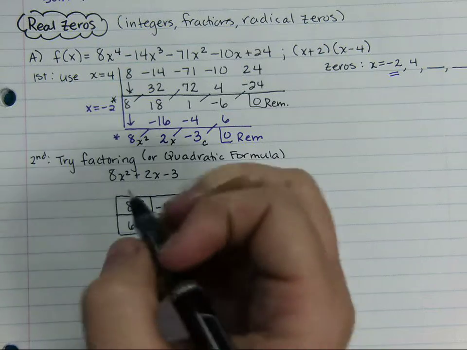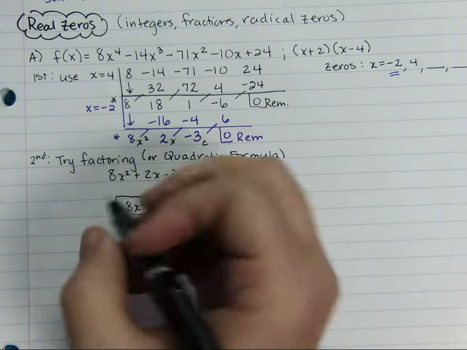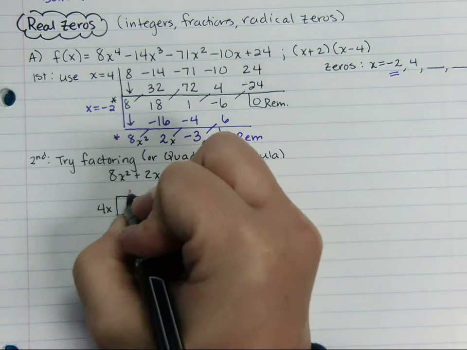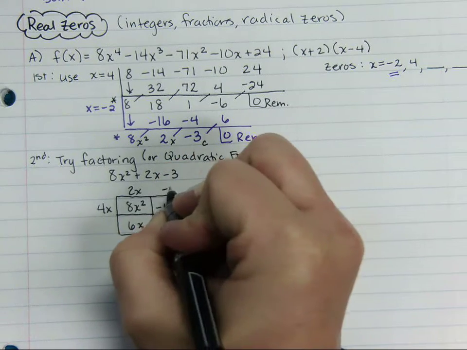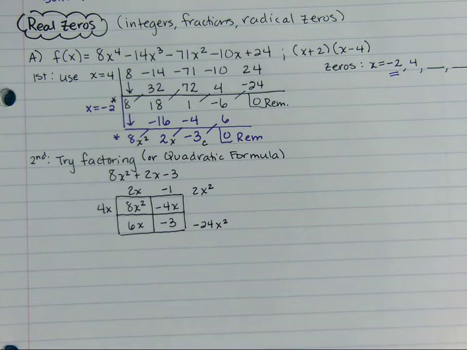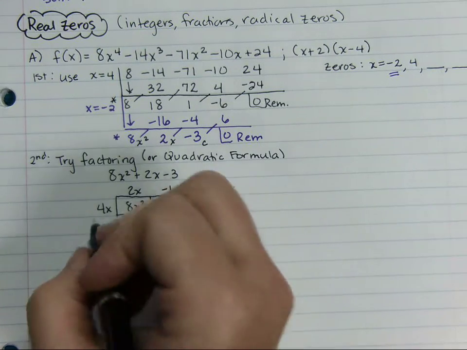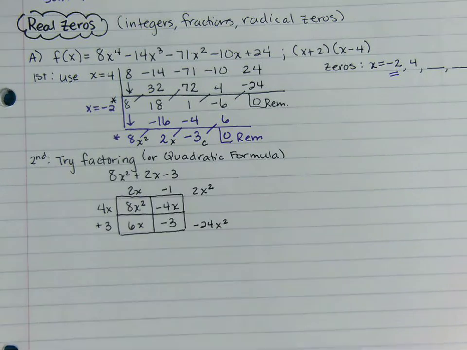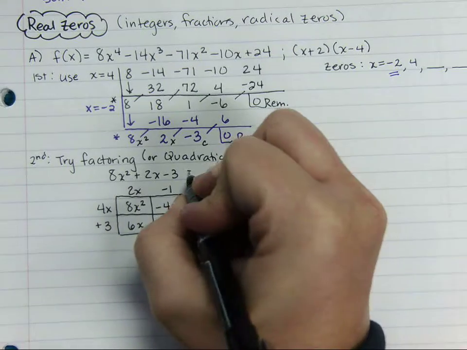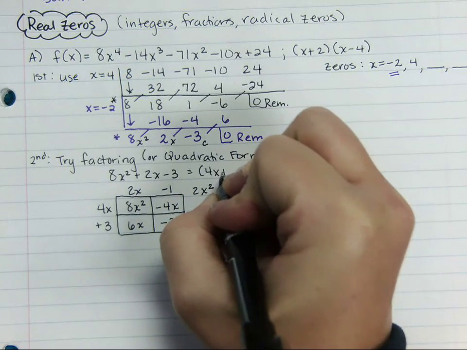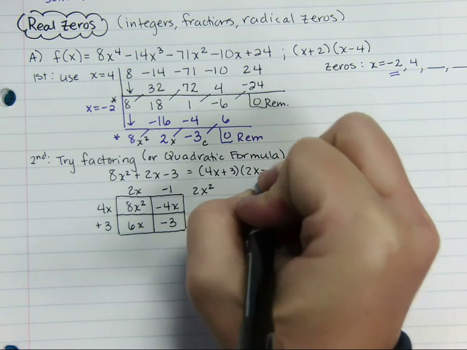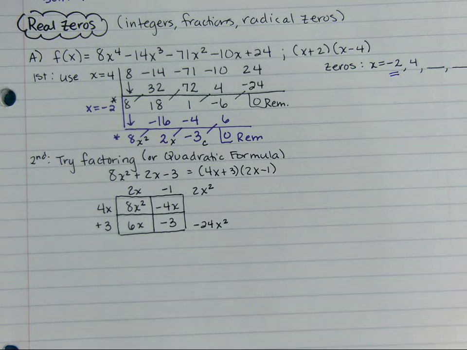And then I can factor outwards. So 4x, which leaves a 2x minus 1 at the top. And then at the bottom, I can take out a positive 3. And so this factors to a 4x plus 3 and a 2x minus 1. Those are my other two factors.